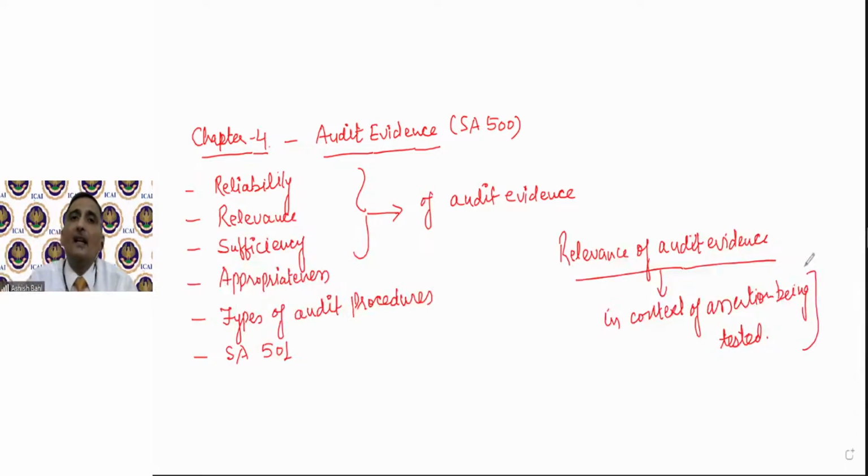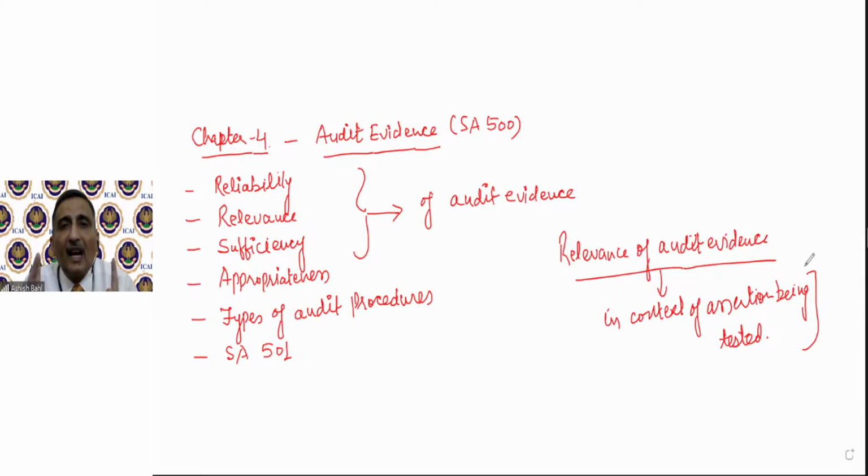On the other hand, if the controls are not functioning properly, control risk is high, then obviously the information being produced by the company is likely to be less reliable.